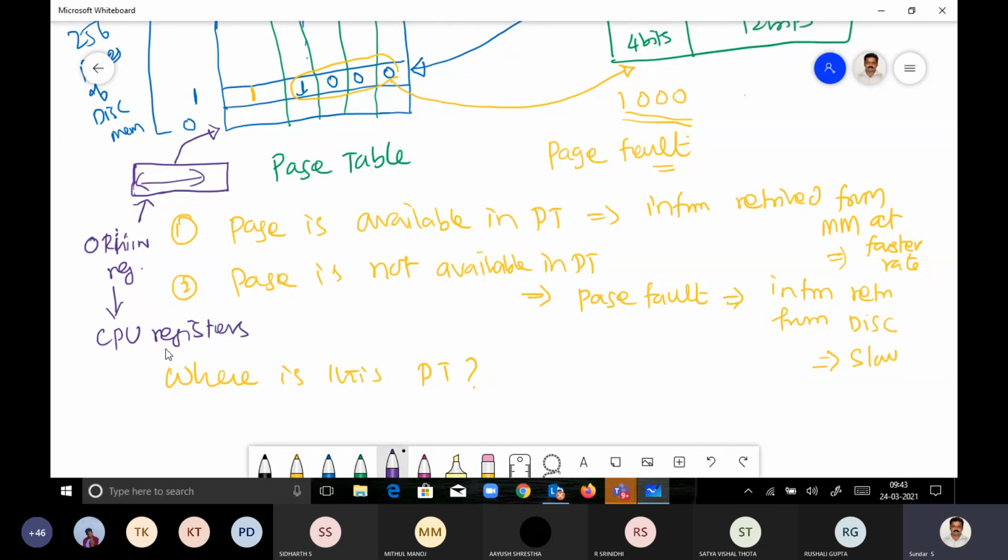So we got introduced to new terms: virtual memory, page table, page miss, page fault, where the page table is residing, what is called the origin register, what is the purpose of the origin register, and where it is residing. Okay, so any doubt in these points? So this is the idea of virtual memory.